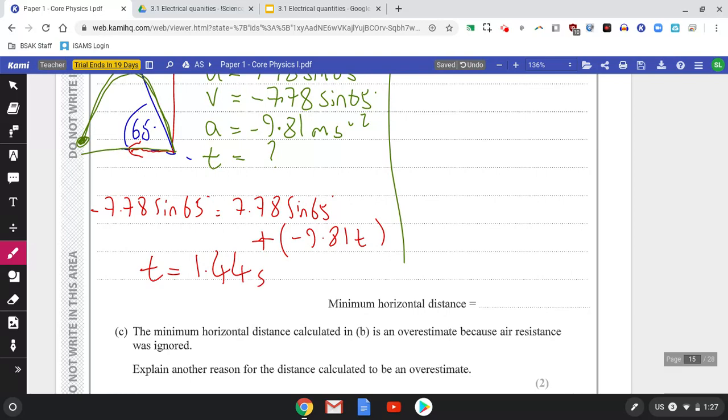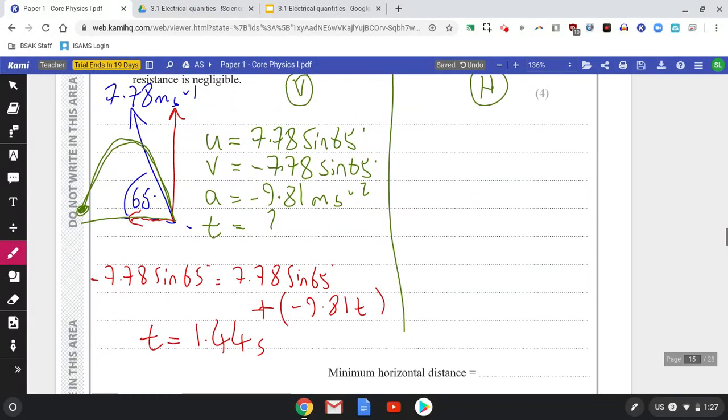Okay, so now we know the time it takes for the water to do that and hit there.